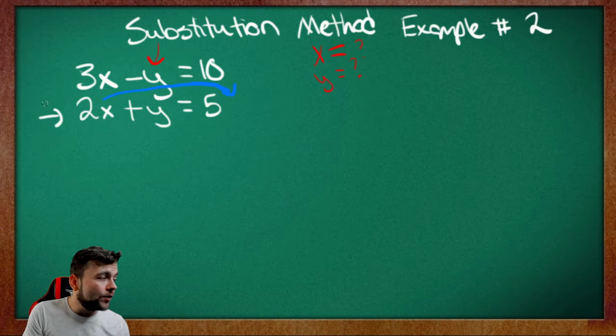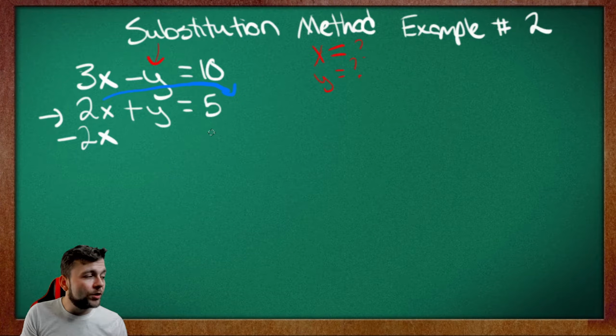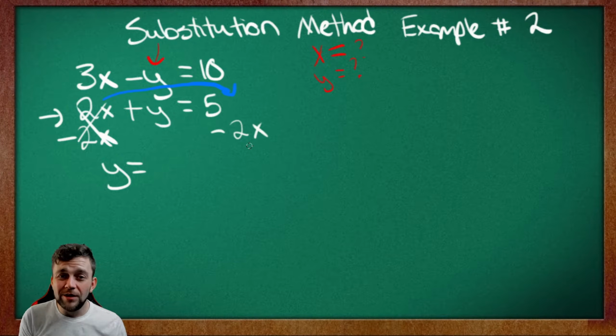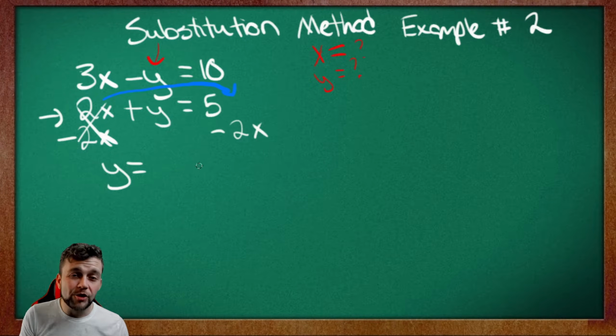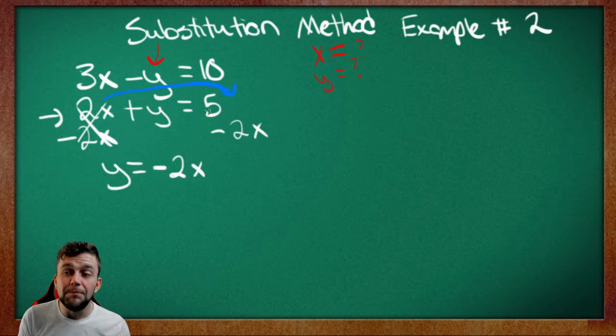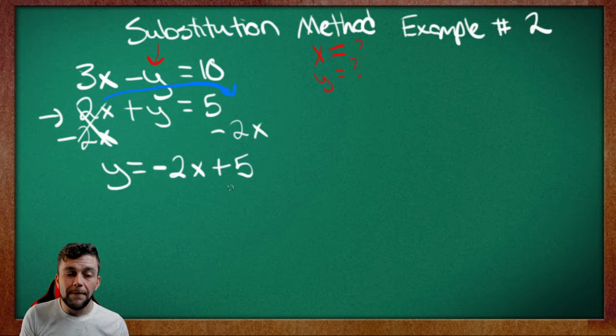Well, we have to subtract 2x from the left side, and we're going to subtract 2x from the right side. We have y equals, so this cancels out. We have y equals, and then I'm going to write the expression first. Minus 2x. Is this a positive or a -5? It's a positive 5. So positive 5. Okay. So we have -2x plus 5.